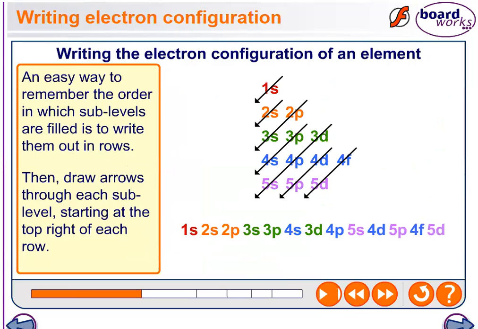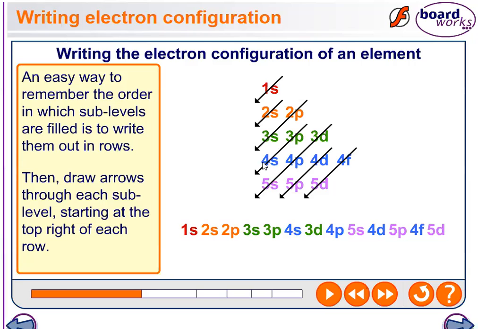So it means 1s is the lowest energy sublevel ever, then 2s, 2p, 3s, 3p, and 4s is lower in energy than 3d. Although 3d is in the third energy level and 4s in the fourth, the amount of energy for electrons to rotate in the 4s sub-energy level is less than the energy needed in 3d.